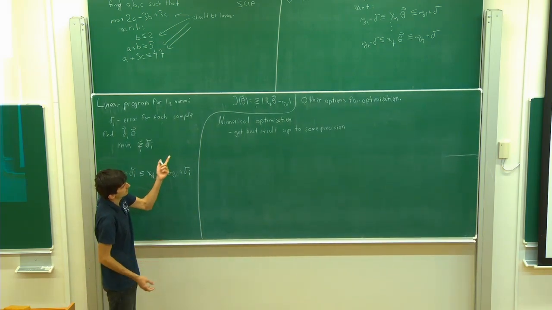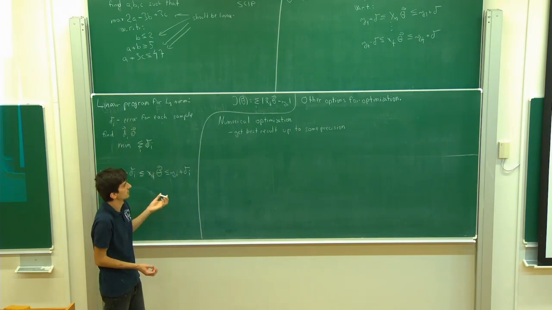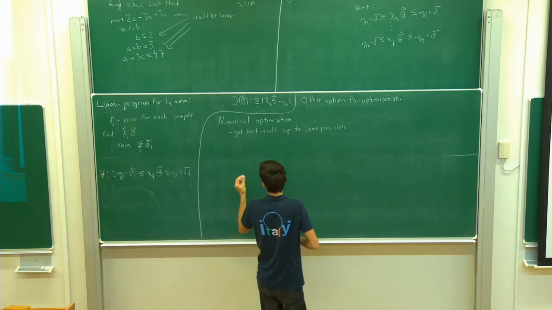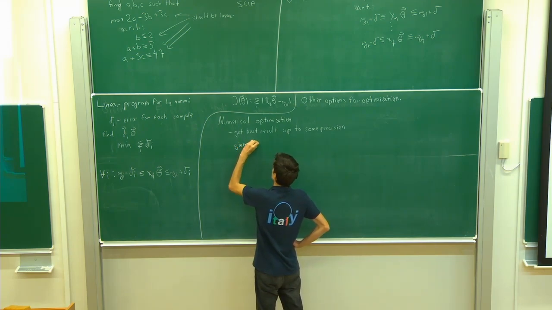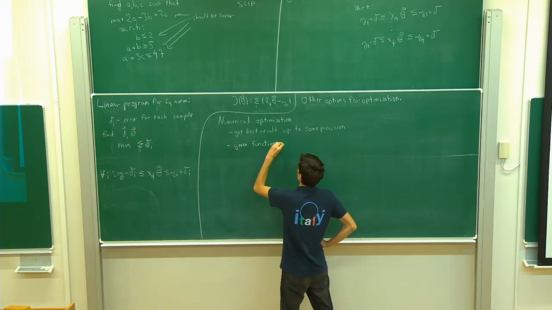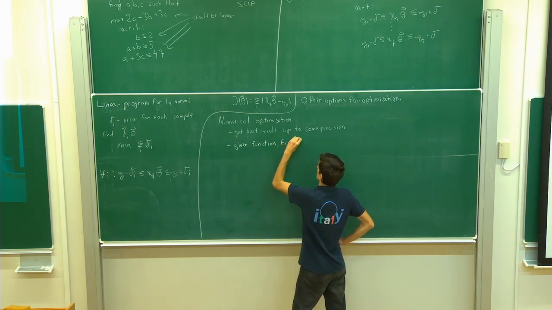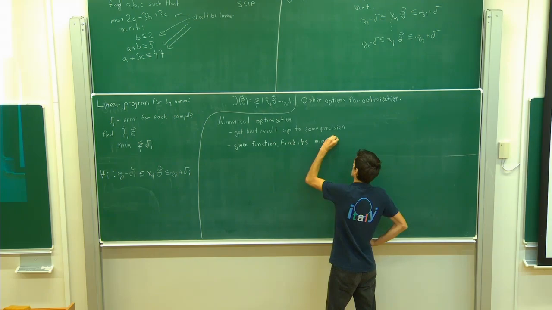So the idea is that we want to find the minimum of some function. We are given a function, and we want to find its minimum.